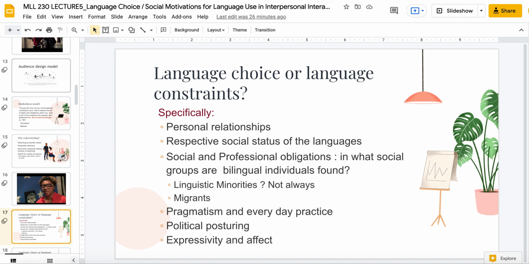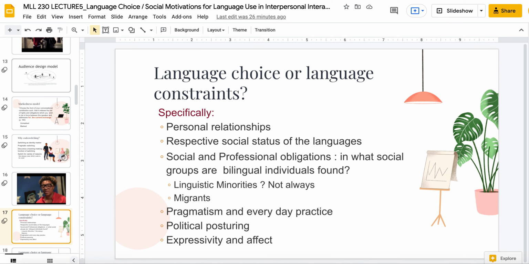Maybe standard American English has a more valued social status in an academic instance like a school, but if you go to the Bronx and you speak the language that they speak there, you might be more included in the society. So you probably wouldn't use SAE. It could be social or professional obligations.